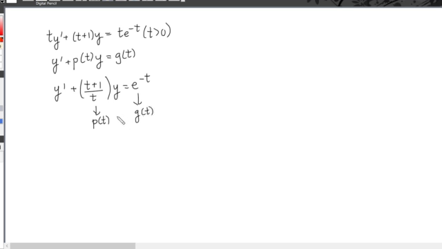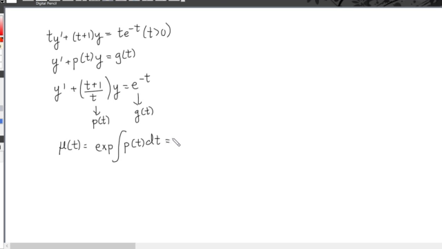And we can find the integrating factor using the formula I derived earlier, which is that mu of t is equal to e to the power of the integral of p of t dt.